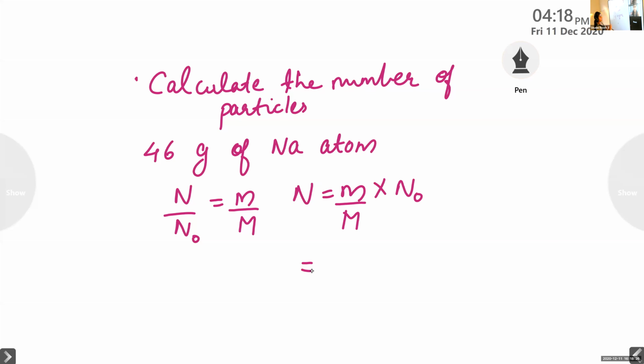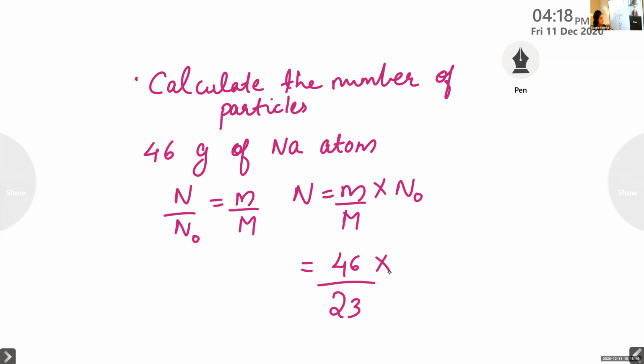So what about this small letter m, given mass? Yeah, the given mass is 46 gram. And what about the molar mass in the case of sodium? 23. Yeah, it's 23.